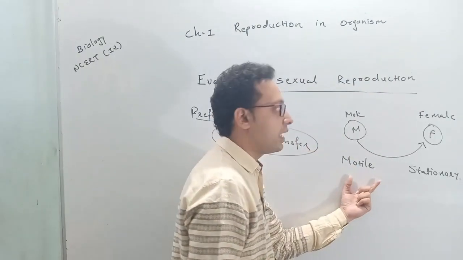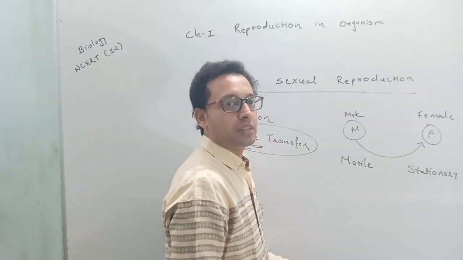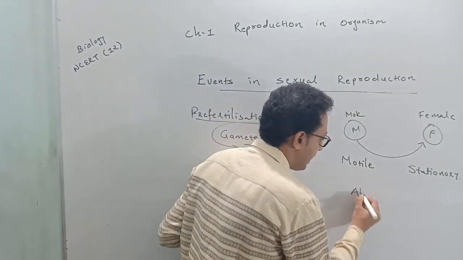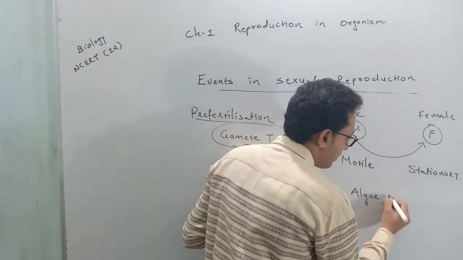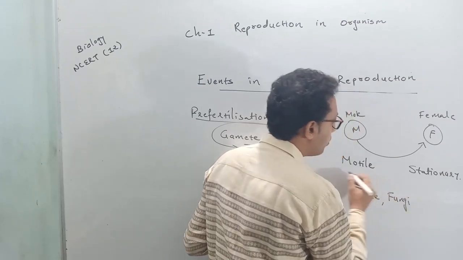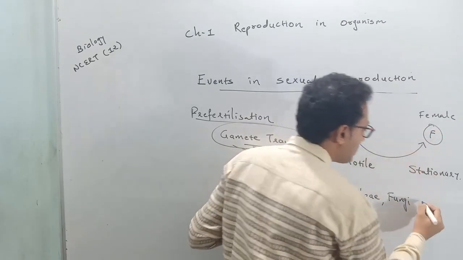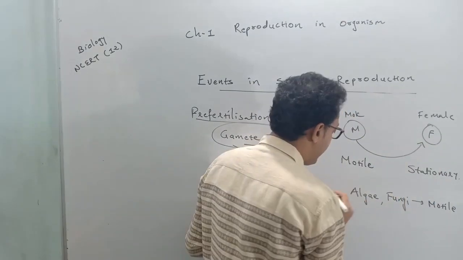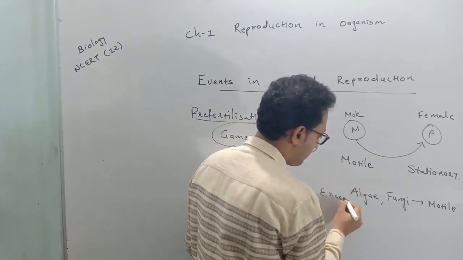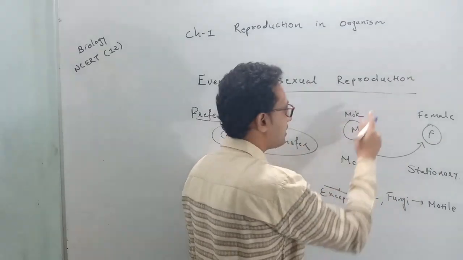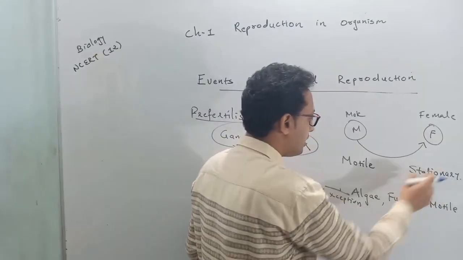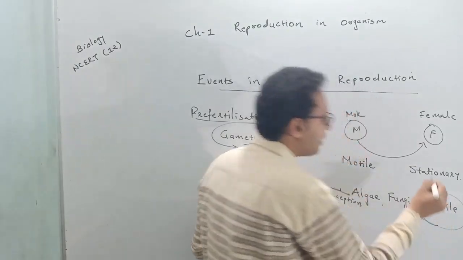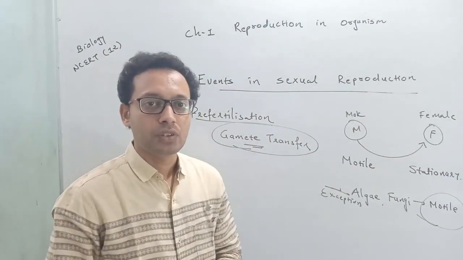But there is an exception: in case of algae and fungi, both the male and female gametes are motile. This is an exception. Otherwise, in most cases, the male is motile and the female is stationary.